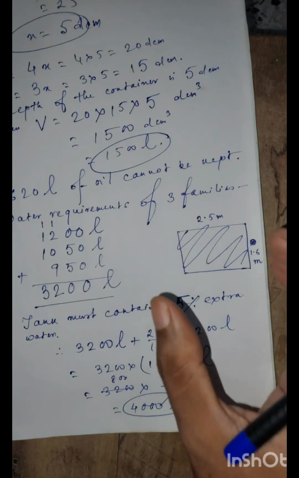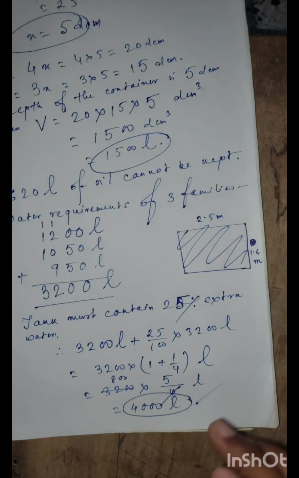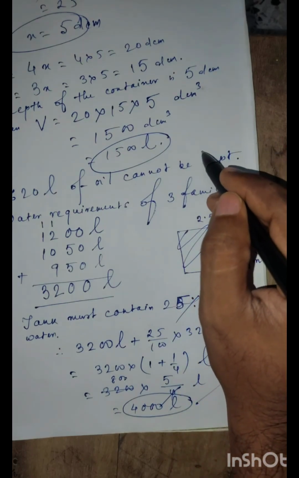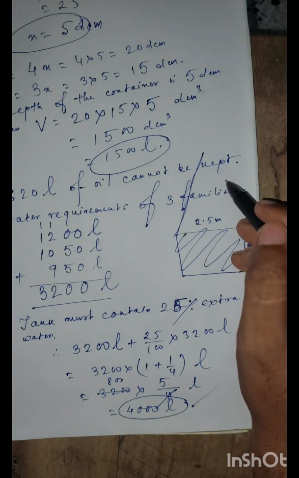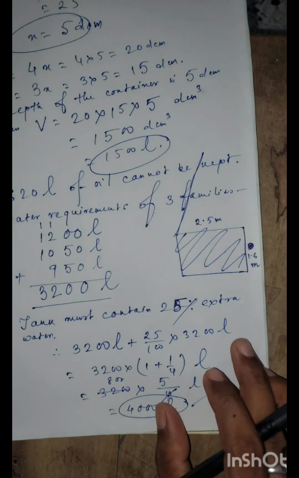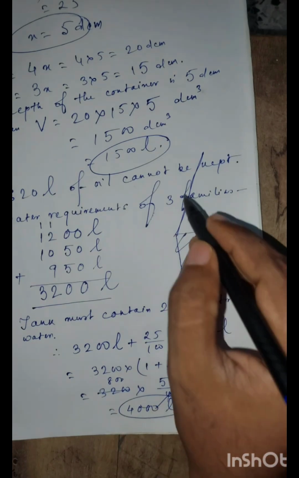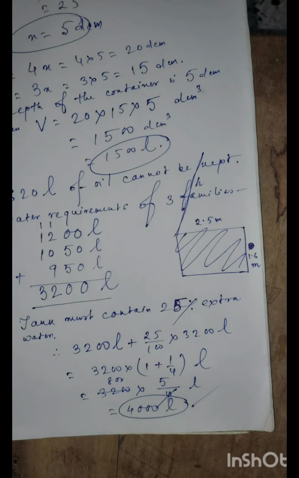Now we are going to place a tank which must contain this much volume of water. So we need to find out the height of the water tank. Let us assume this is the height of the water tank.